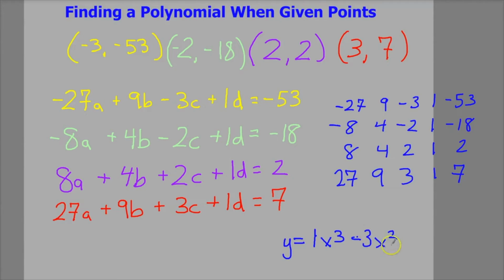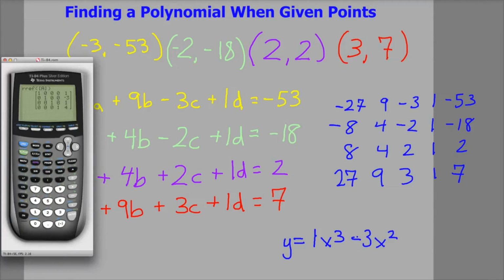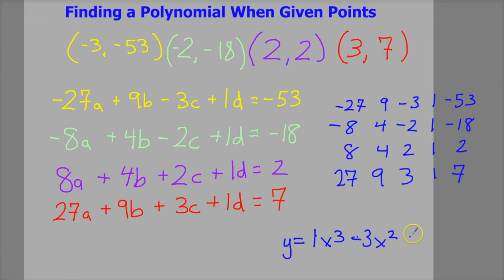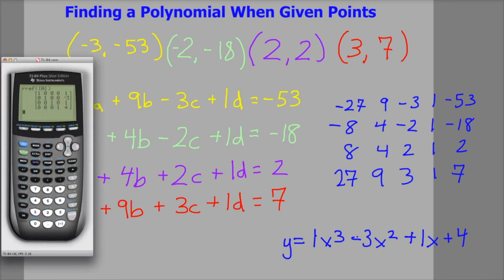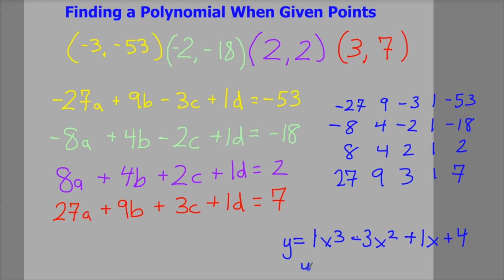So basically I'm just putting them as coefficients on my variables. And then plus 1x plus 4, I think. Yes, just like that. So I'll go back and organize this a little better. Y is equal to x to the third minus 3x squared plus 1x plus 4. That's my polynomial.